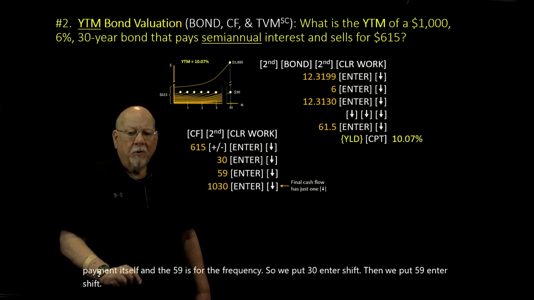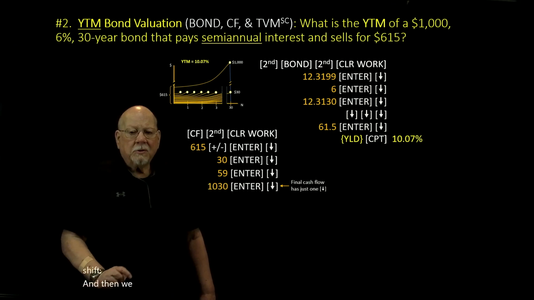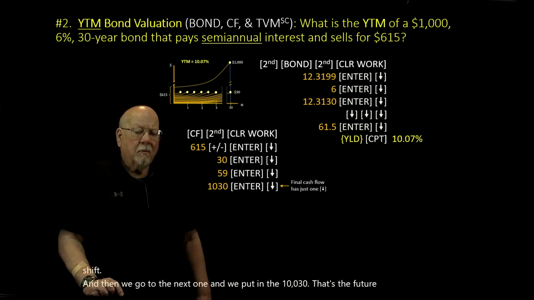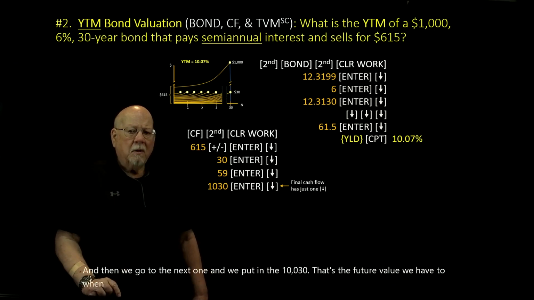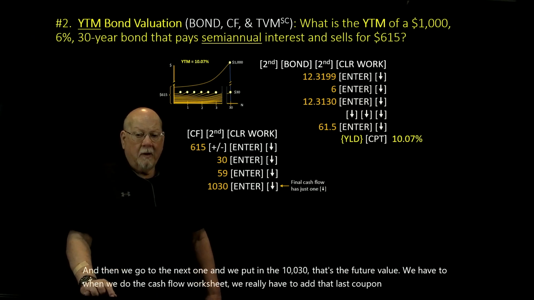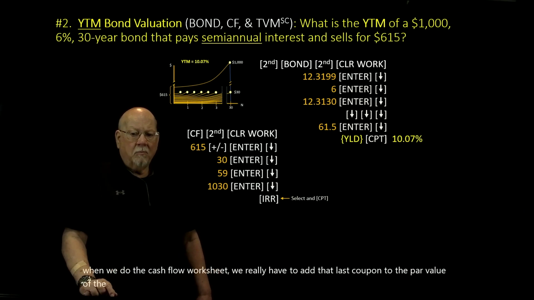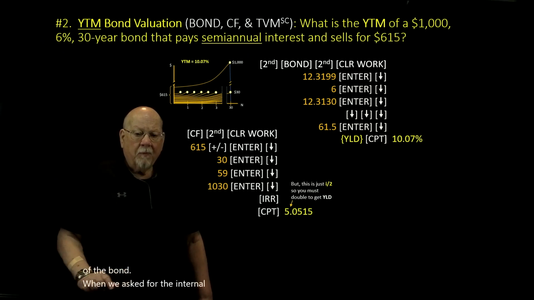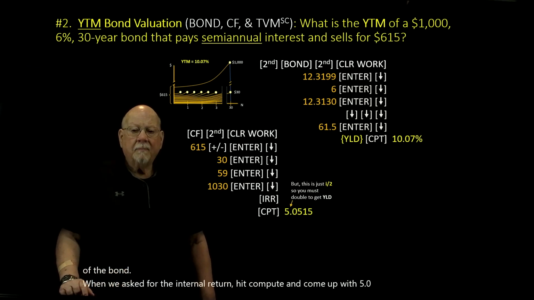and then we go to the next one, and we put in the 1,030. That's the future value. When we do the cash flow worksheet, we really have to add that last coupon to the par value of the bond. Well, then we ask for the internal rate of return, hit compute, and we come up with 5.05.